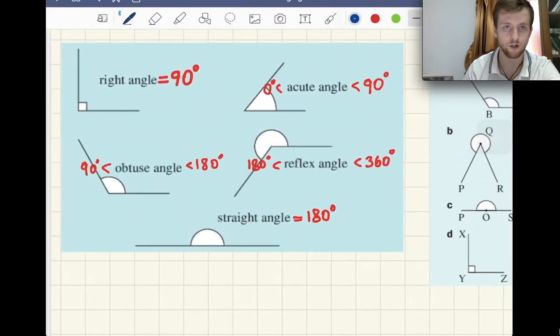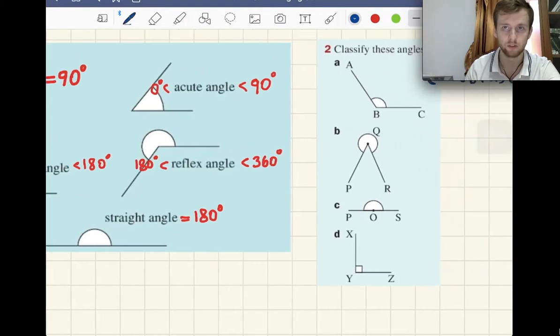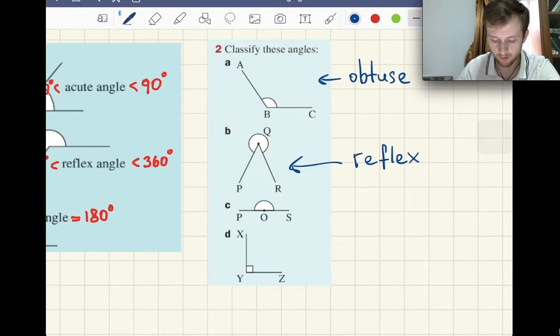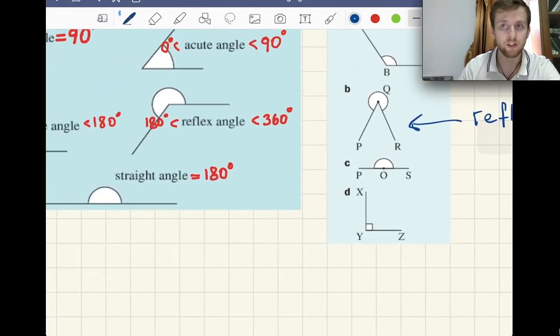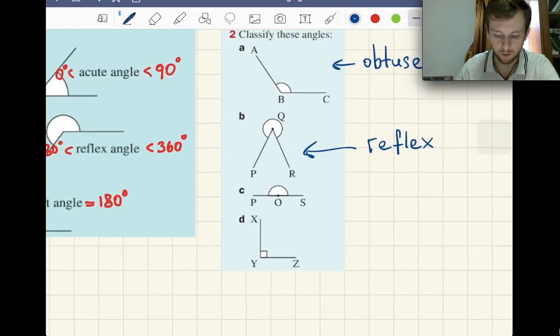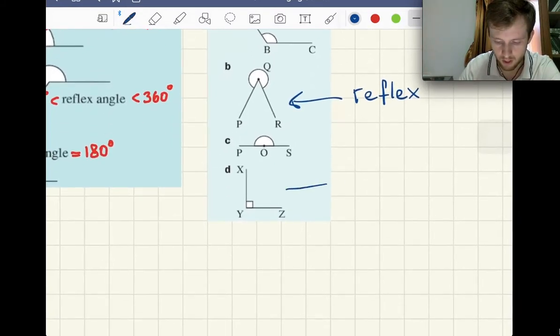You can see it here, obtuse angle. Next one we have is a reflex angle, between 180 and 360. Anything between 180 and 360 is called a reflex angle. And also we have a right angle.